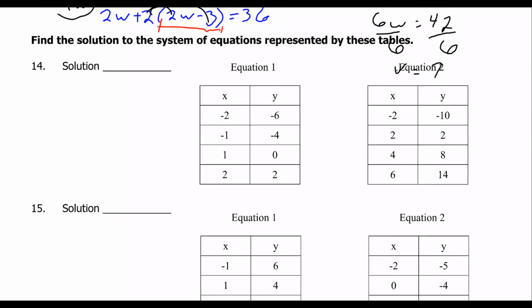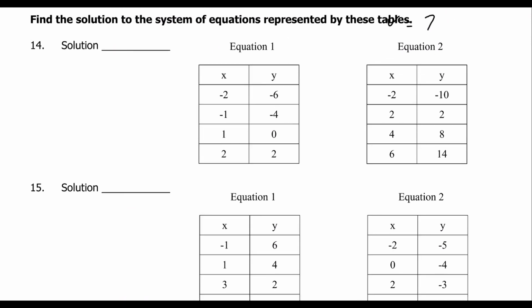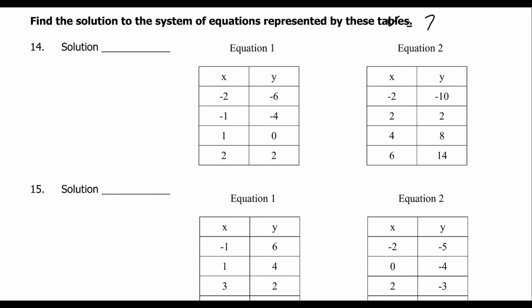Okay, it says to find the solution to the system of equations represented by this table. Now, let's see. Tables are easy, for the most part. If you can just notice that you have 2 of the same point, you're set, okay?